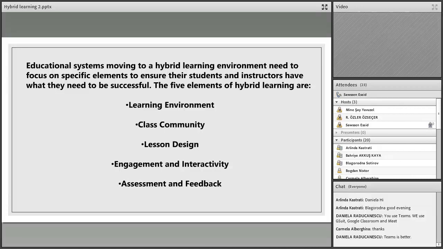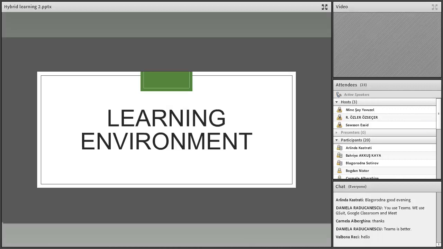The first one is learning environment, then class community, lesson design, engagement and interactivity, and assessment and feedback. You may see that these elements can also occur in a face-to-face lesson, but here we are trying to see how we can adapt these elements to a hybrid learning environment.